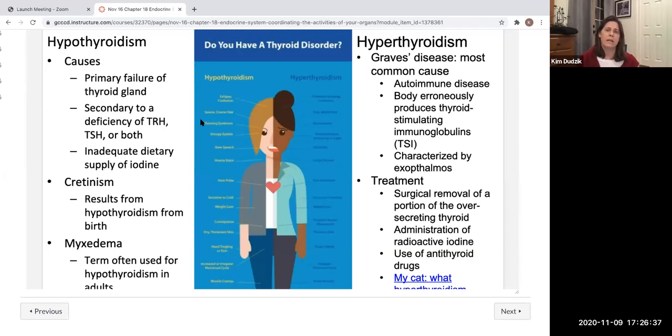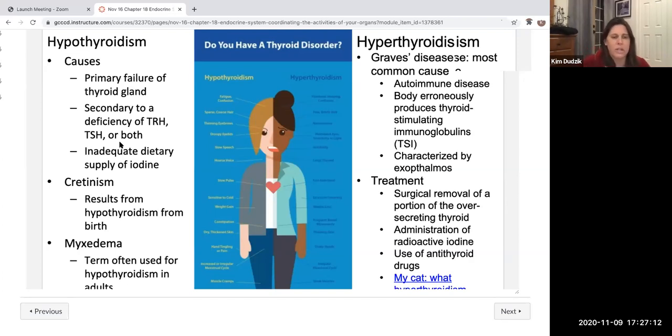A primary cause for an endocrine gland disorder is the gland itself. So if we're saying hypothyroidism, we're talking about the thyroid gland itself. A primary failure would be the thyroid gland. A secondary deficiency could be something going on with the pituitary gland or the hypothalamus. So if the hypothalamus is not releasing enough TRH or the pituitary gland is not releasing enough TSH, right?